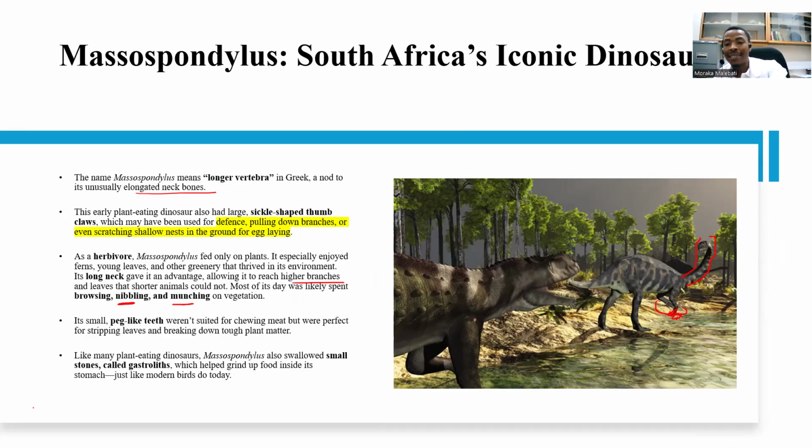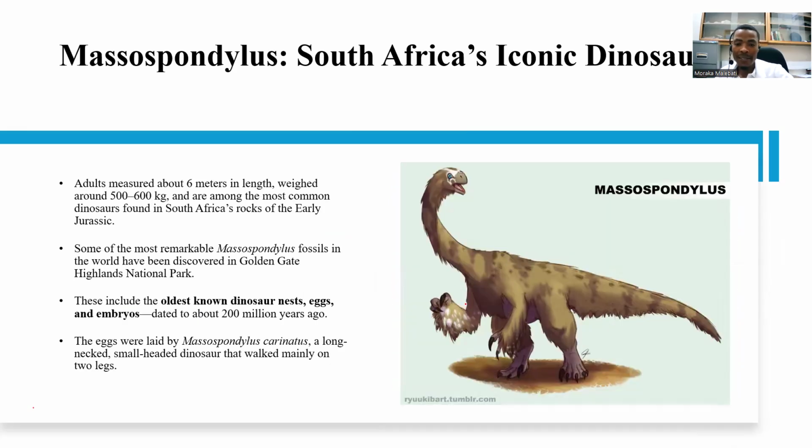So this is the Massospondylus. You can see these claws for making the nest and for scratching. It was working with the two legs, but it could still work with four, and it had this long neck.